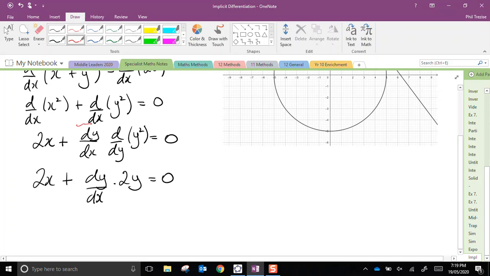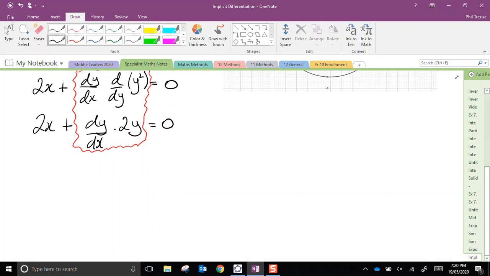What we did here, that's the key. So if I wanted to find the derivative with respect to x of some expression involving y, I take the derivative normally. I end up with 2y, but I have to introduce dy over dx as a consequence of doing that.